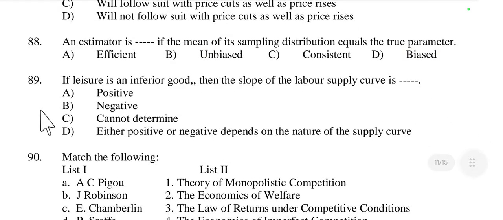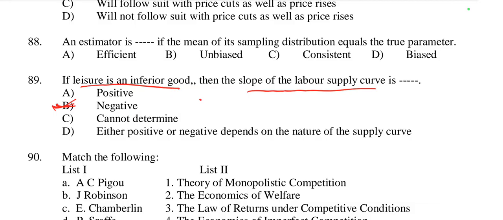Then the next question: if leisure is an inferior good, then the slope of the labor supply curve is positive, negative, cannot be determined, or either positive or negative depending on the nature of the supply curve. When leisure is an inferior good, the slope of the labor supply curve is negative. Why negative?